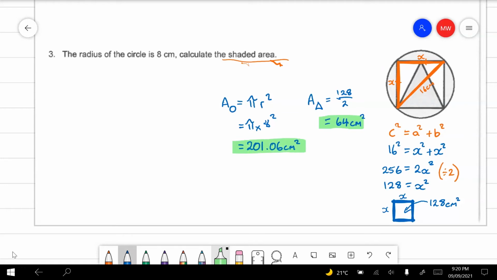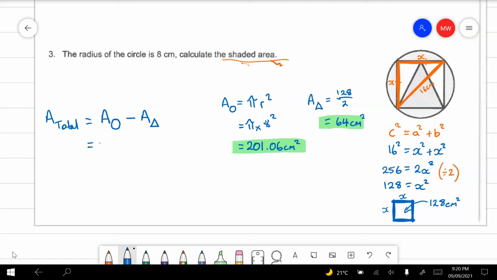So my total area is going to be the area of my circle minus the area of the triangle, or half the square if you like, that I'm subtracting away from the circle.